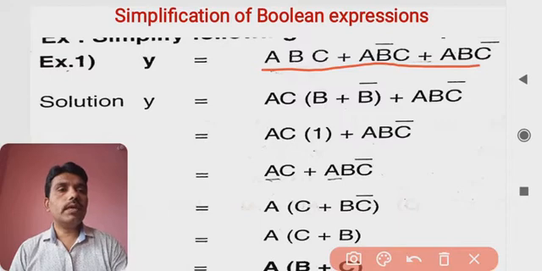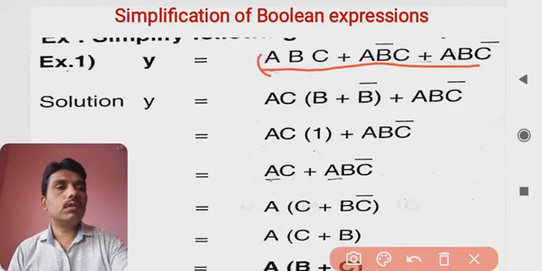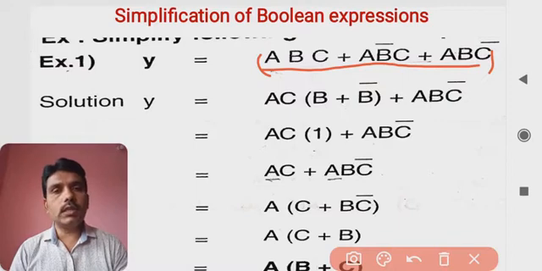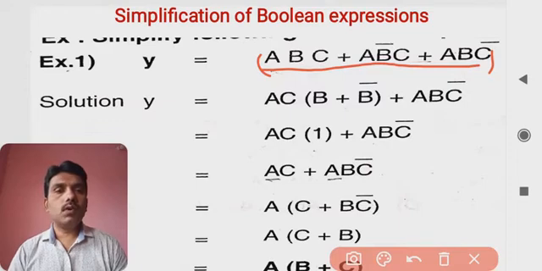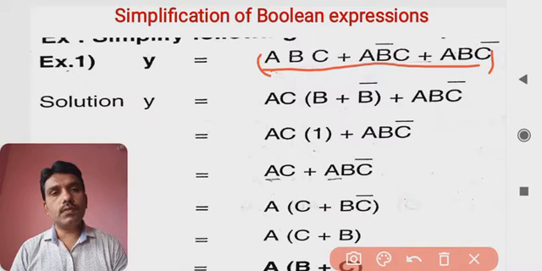Now if you look at this expression, it depends on what you think. You have to develop the logic yourself, and you can develop that logic for the solution. It is possible when you know the laws very well.